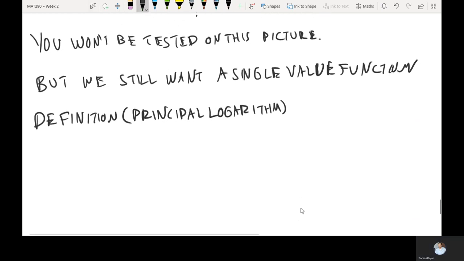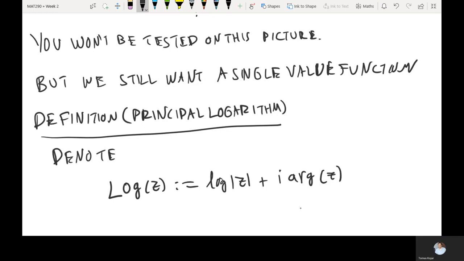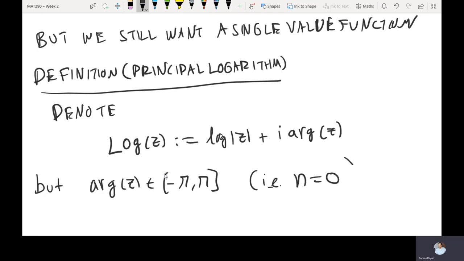Denote log, here we use capital L, the principal logarithm, as the same thing, log of modulus plus i argument, but argument of z is within minus pi to pi, i.e. n is equal to 0.